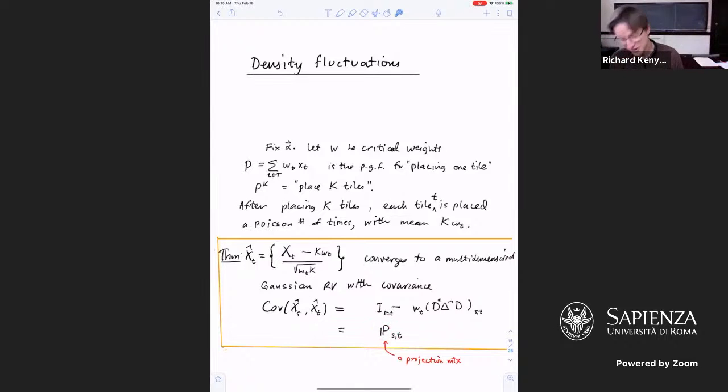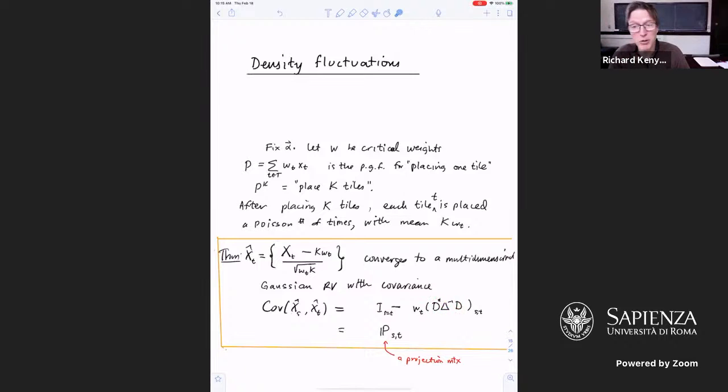In fact, it's a projection matrix onto a certain subspace, which maybe I won't try to describe here, but it has the following form, and what I want to talk about is what the components of this covariance matrix are.